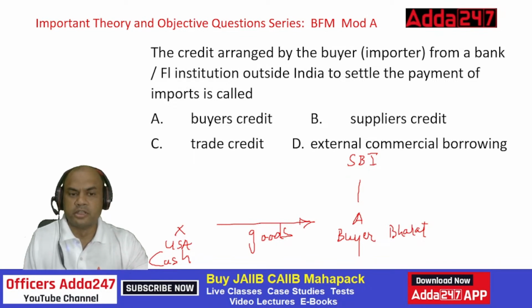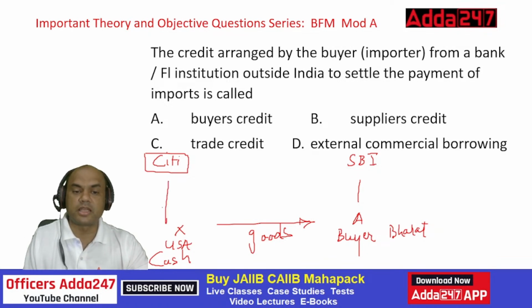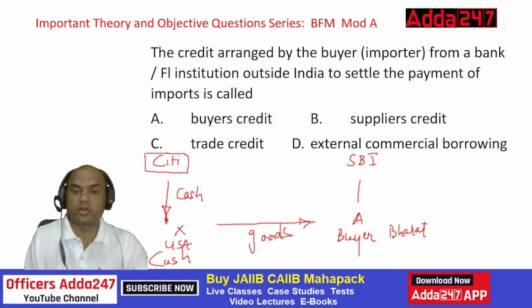A arranges for a foreign bank, let's say Citibank. That's why it is said arranged by the buyer importer from a bank outside India. And this Citibank will pay this guy cash immediately. Now how will Citibank get the money? A tells SBI that on the due date, let's say 60 days, SBI will pay Citibank this amount, whatever amount in dollars, plus interest.